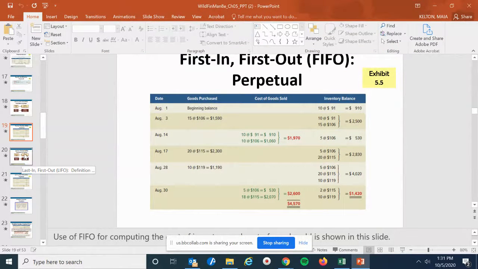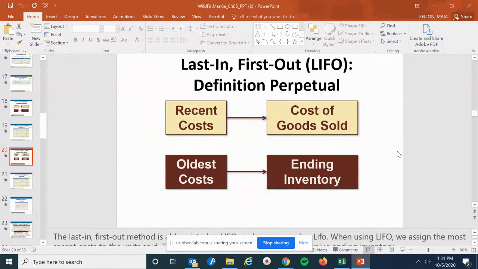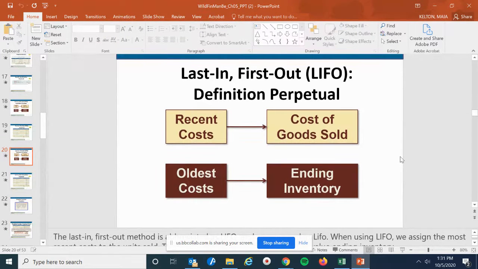All right, moving on. LIFO, last in, first out. This is another important one. Remember, 28% of all US companies are using this method, so we need to be familiar with it at least. The only thing this method assumes is that the most current items will be sold first.